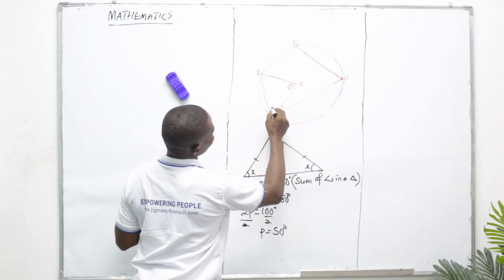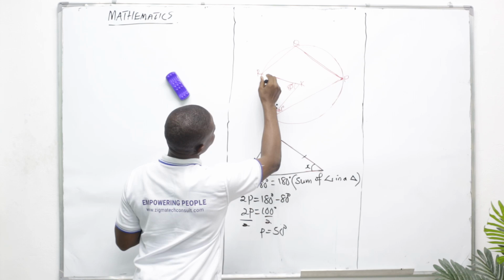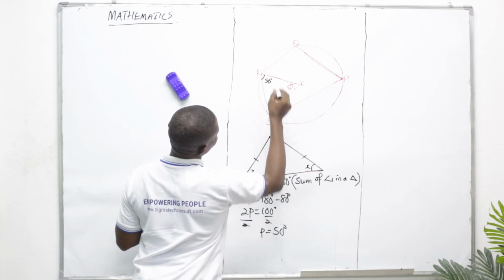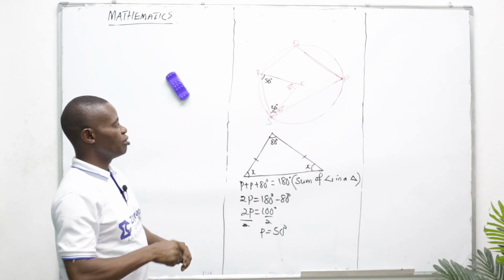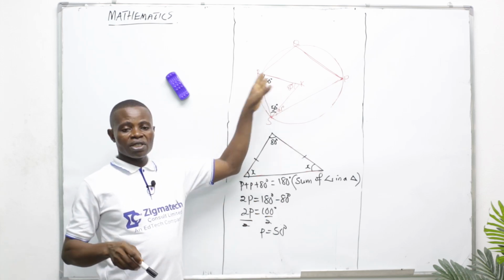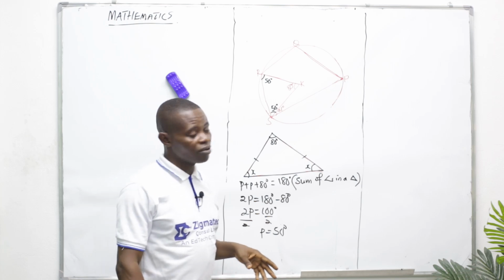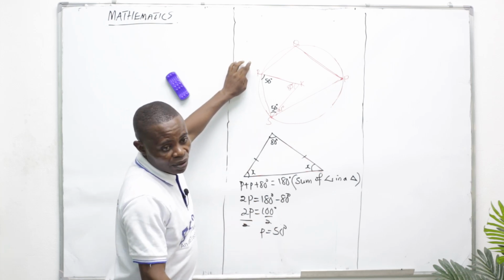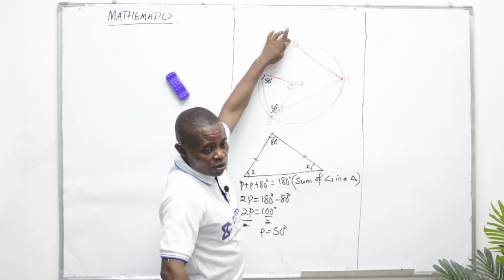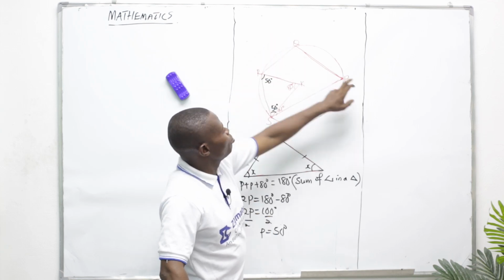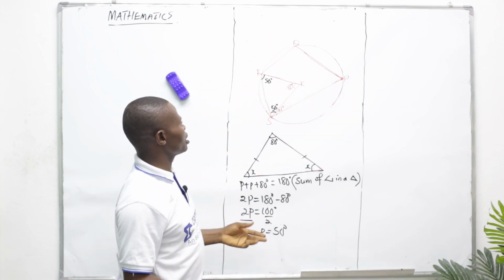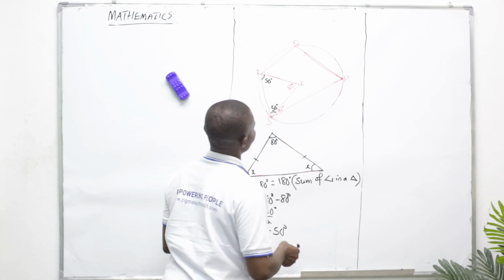Each of these places now is what? 50, 50. Can you see it? You have settled this part. But the question is, what are we looking for? R, Q, P. Look at R, Q, P. No issue.